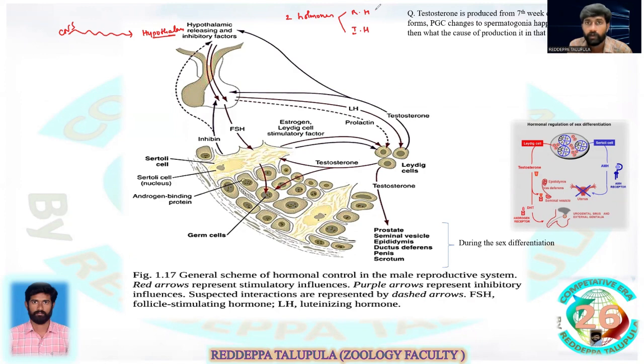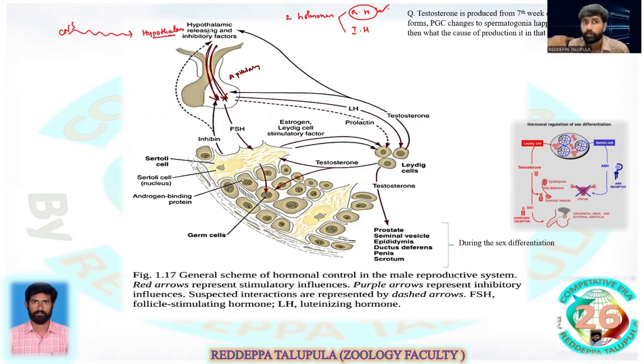Okay. See, whenever hypothalamus releases gonadotropin releasing hormone, see here, gonadotropin releasing hormone. Okay. It reaches the anterior pituitary by means of hypothalamic hypophyseal portal system or tract.